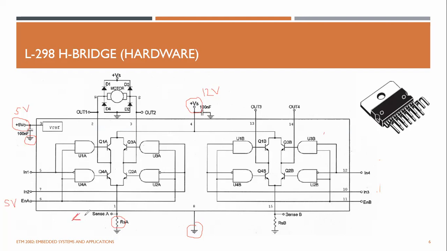This voltage appearing here is proportional to the motor current times this resistance, and you know this resistance. So if you use a 0.1 ohm or 0.01 ohm resistor, and you know the voltage, you can reverse calculate the current of the motor.